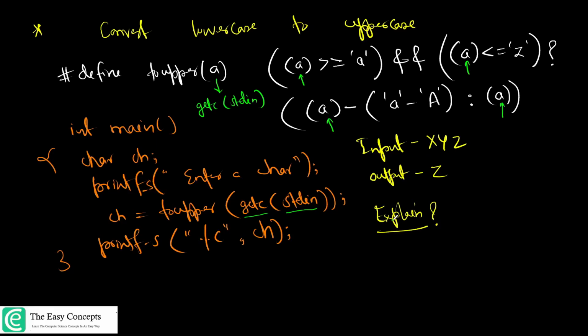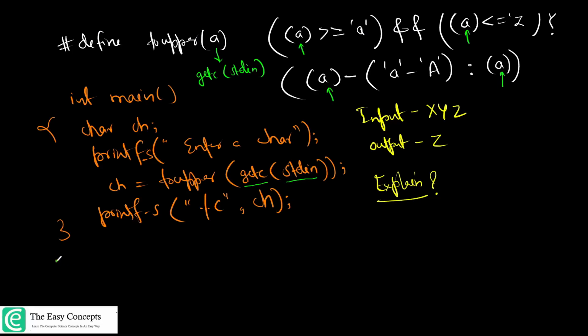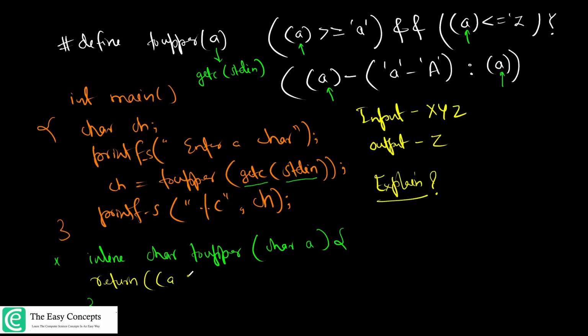So what we are going to do: write inline and then char, which we are going to return. The function name will be similar to upper. Pass it a character and then return some value. And what are we going to return? We are going to return: a is either greater than or equal to small a, and a is less than or equal to small z.